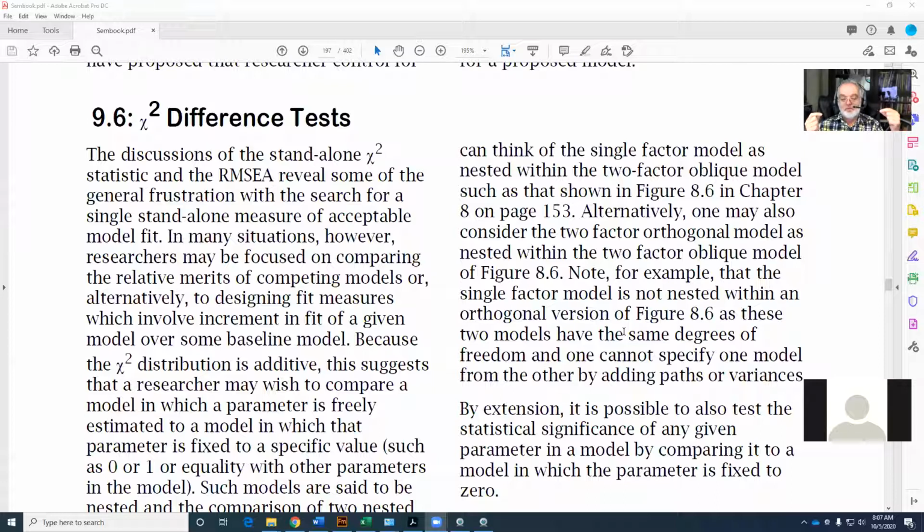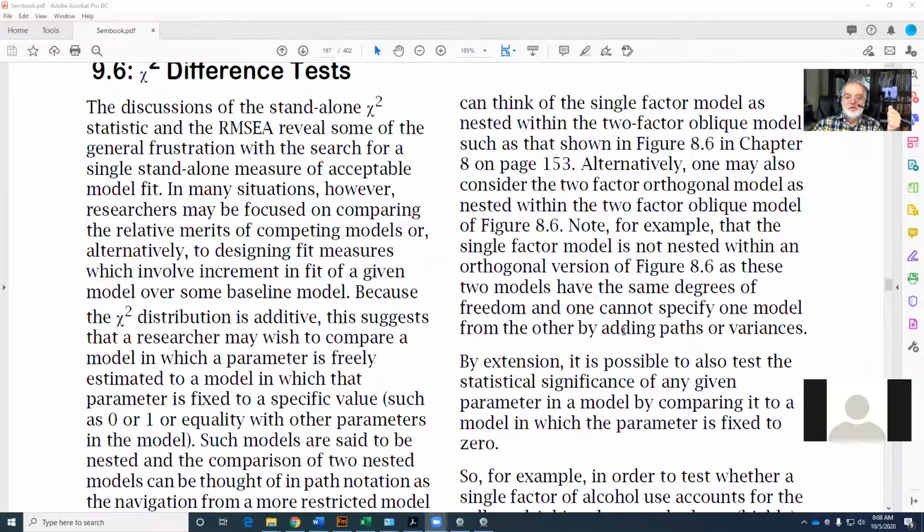And the violation of the conditional normality assumption, for example, is going to be the same across your two models. So the chi-square difference is not going to be affected by that non-centrality parameter in those two models.